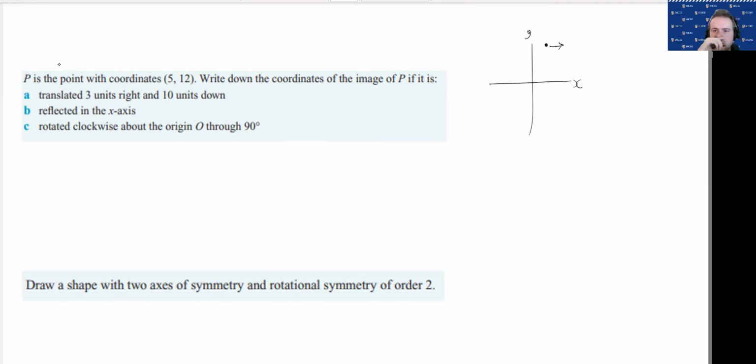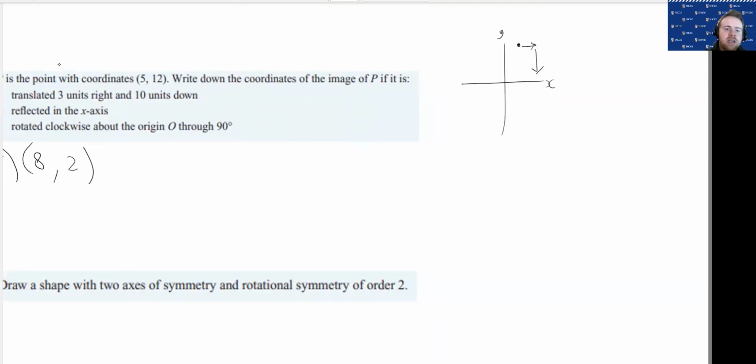And then 10 units down would mean we're decreasing in the Y value. So 3 right would make it go to 8, and then 10 units down, it would go to 2. Okay, so if you're moving left, you're decreasing, you're making your X value negative. If you're moving up, your Y value increases.